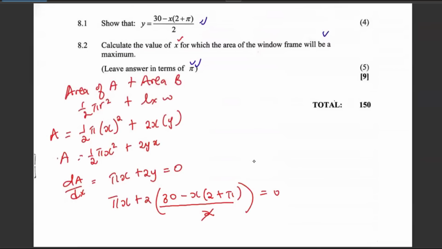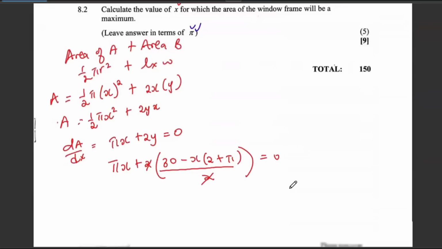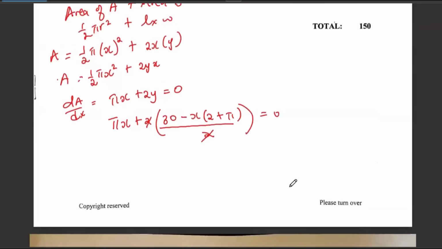So this is going to cancel that. If I try to open this up, I'll have a pi x plus a 30 minus 2x minus pi x is a 0.